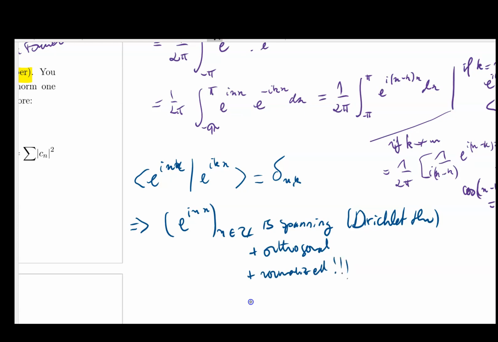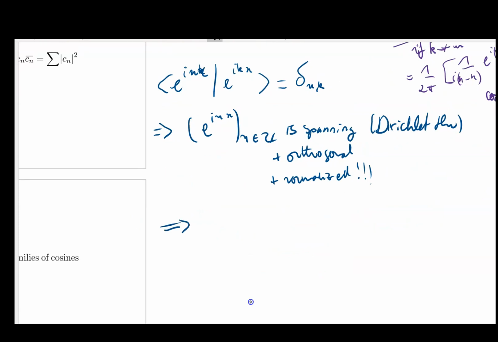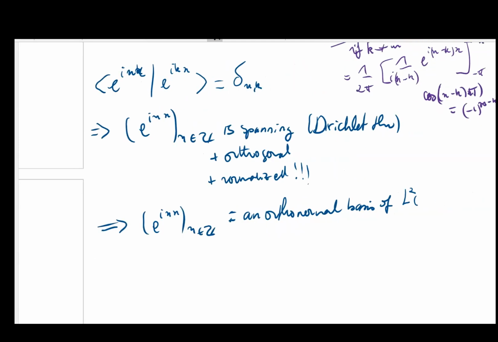Excellent. So we've got an orthonormal basis of L2. The infinite sequence of those functions e^(inx) constitutes an orthonormal basis of L2, the space of periodic functions on negative pi to pi.